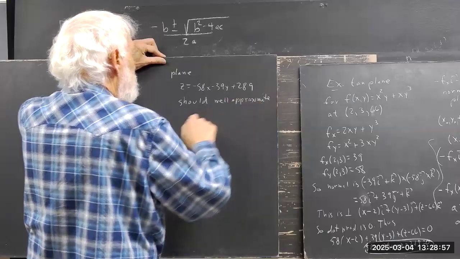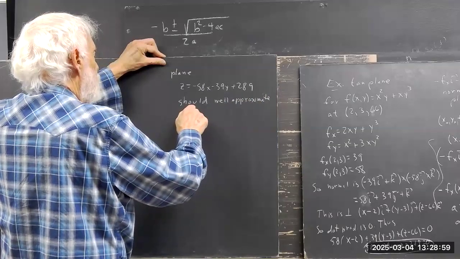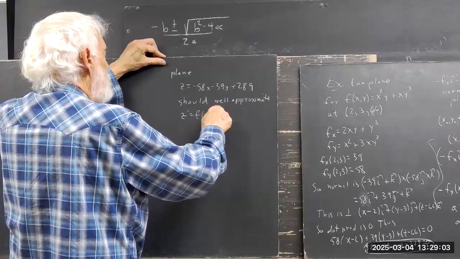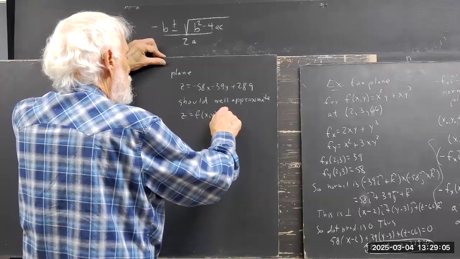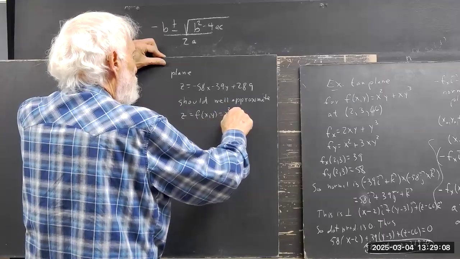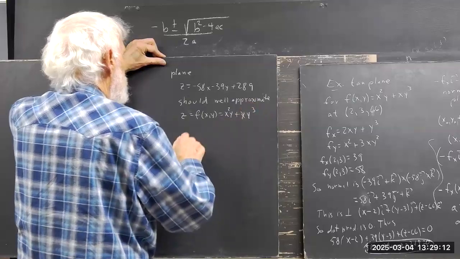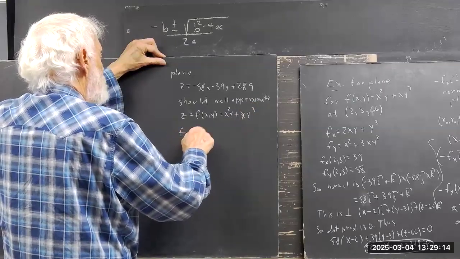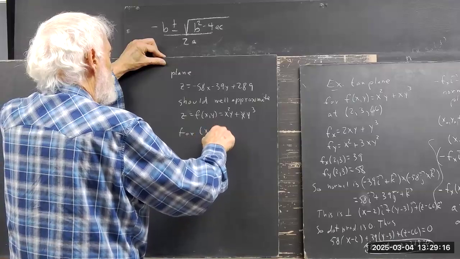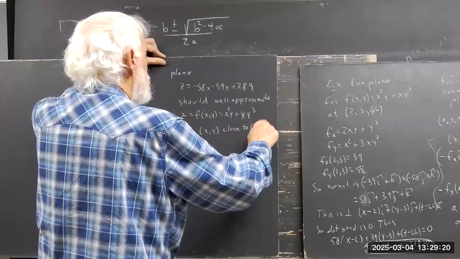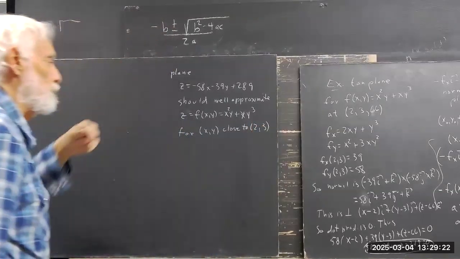Well, approximate z equals f of x, y equals x squared y plus x y cubed for x, y close to 2, 3.